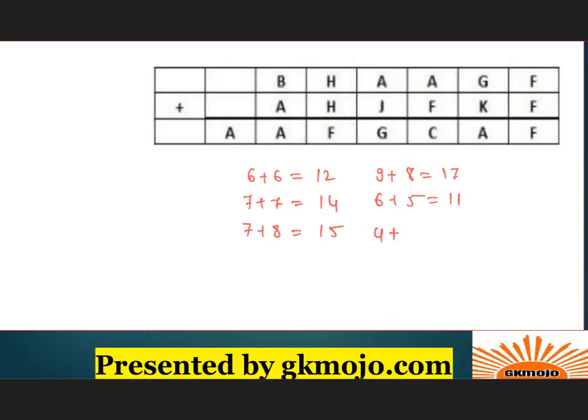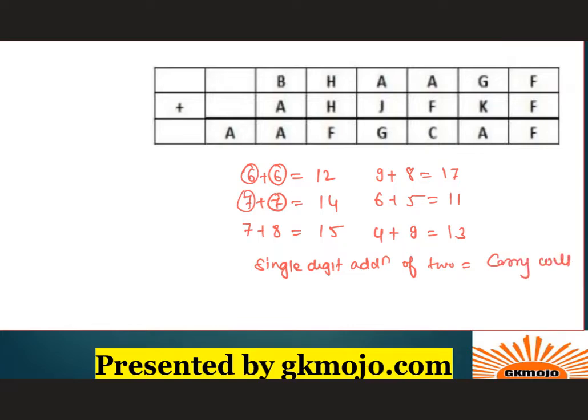Whenever you are adding two single-digit numbers, your carry will always be 1.